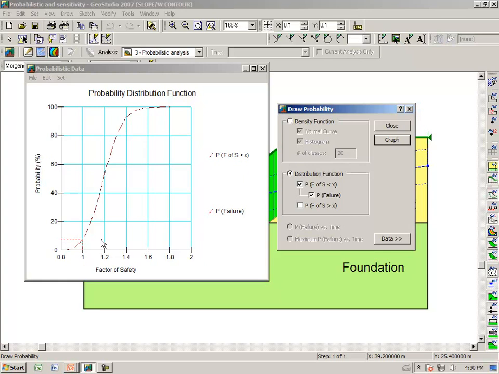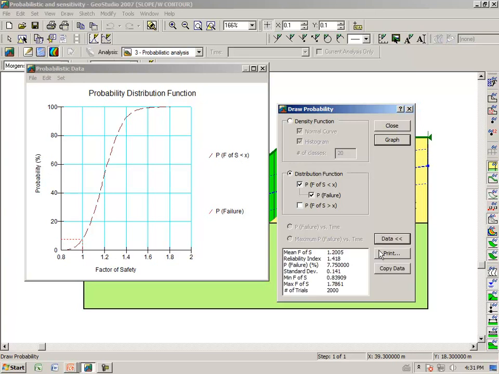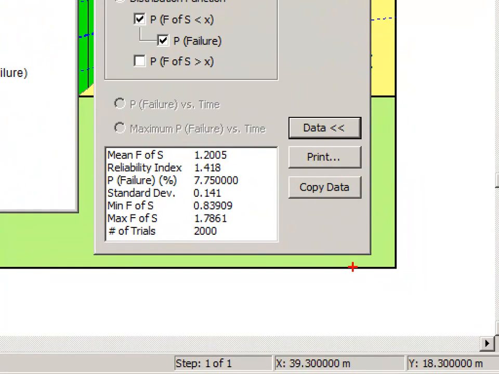And in this particular case here, we notice that here is a factor of safety of 1, and we determine the probability of failure. You can look at this graphically, or you click on the data button here, and you see that the actual probability of failure is 7.75%.